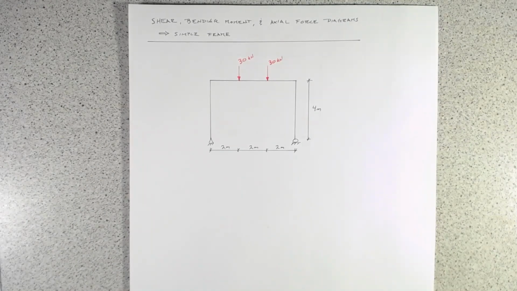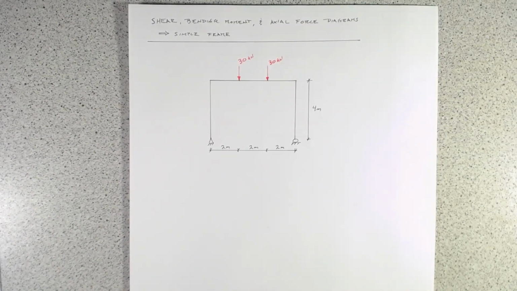Hello again, and in this video we're going to continue looking at how we draw shear, bending, and axial force diagrams for something other than a simple beam, which is how many people are taught to do these shear and bending moment diagrams, same with axial force. It's just with a simply supported, statically determinate beam.